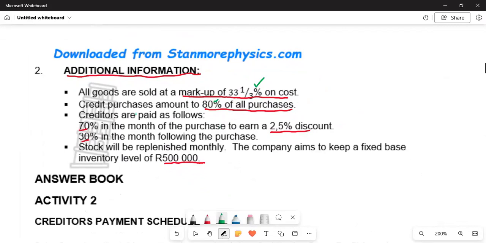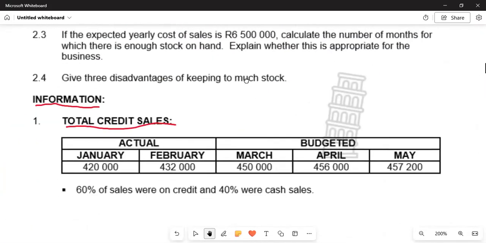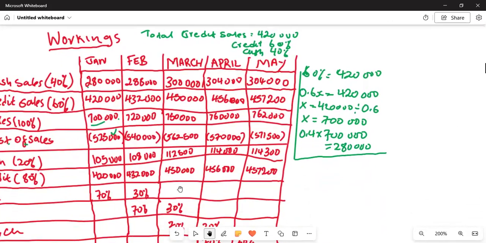We're told here that credit purchases amount to 80% of all purchases. So it means the cash is going to be 20% to make it 100. If 80% is for credit, then 20% will be cash. So that is why we have all this.